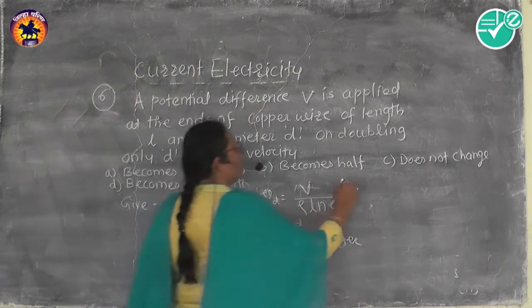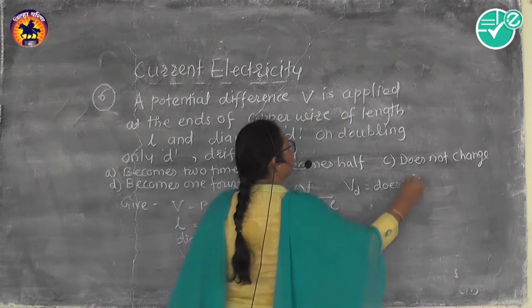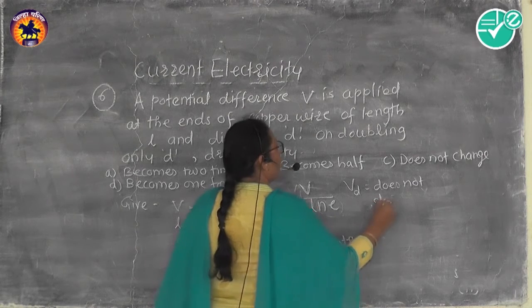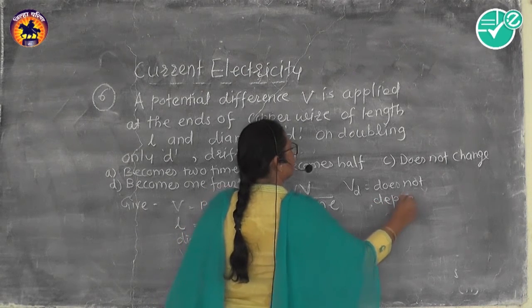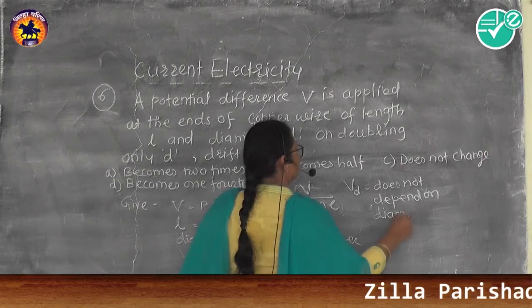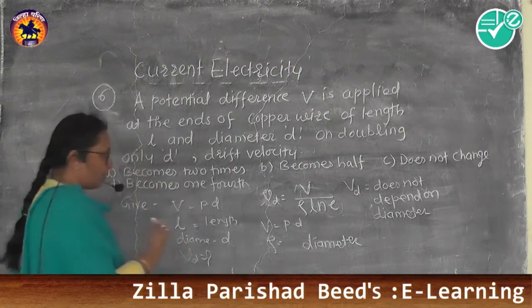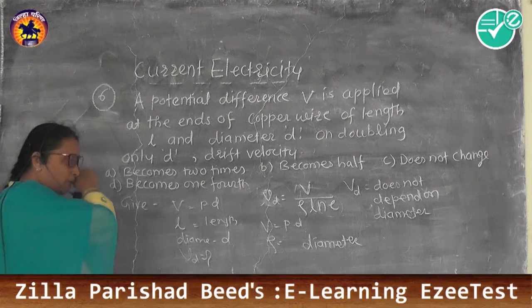There is no presence of diameter. That means Vd does not depend on diameter, as there is an absence of a diameter term in this equation.